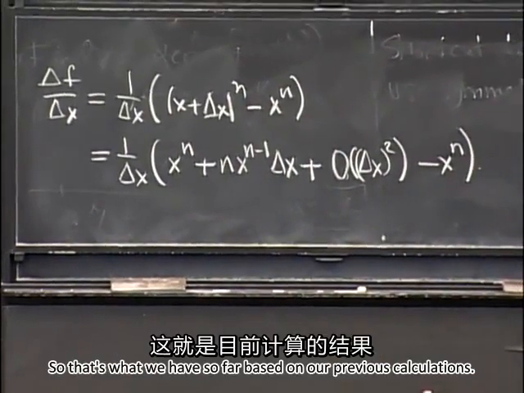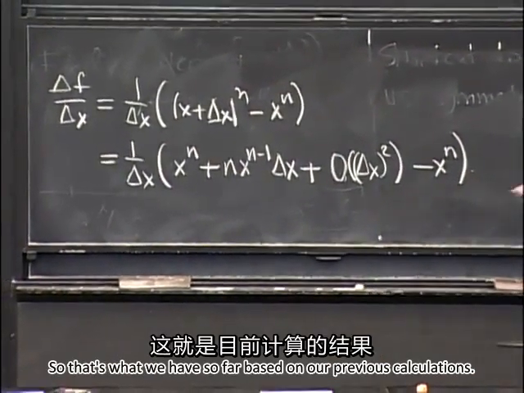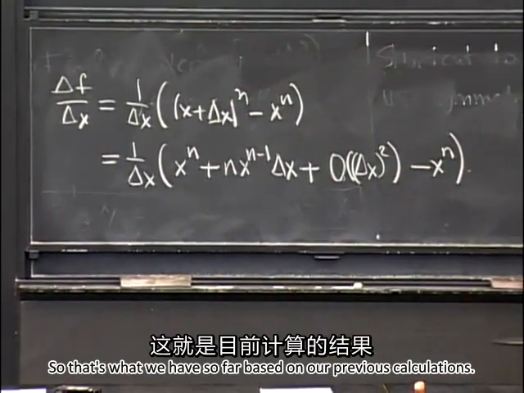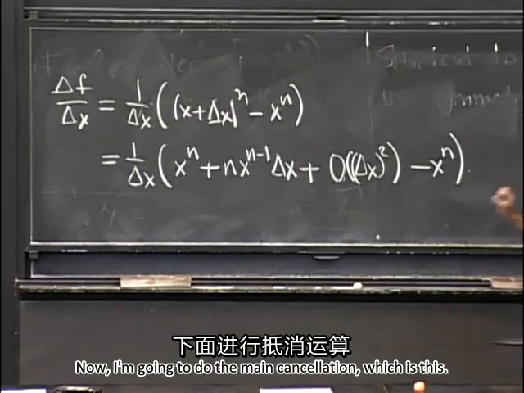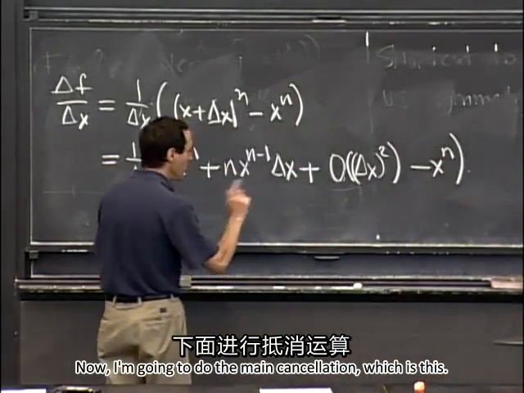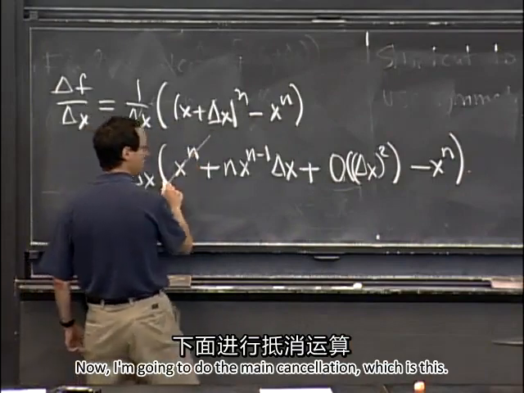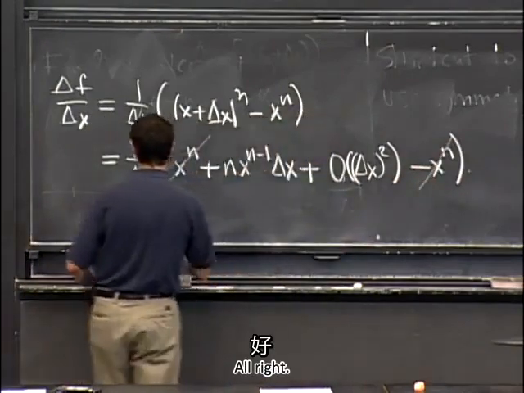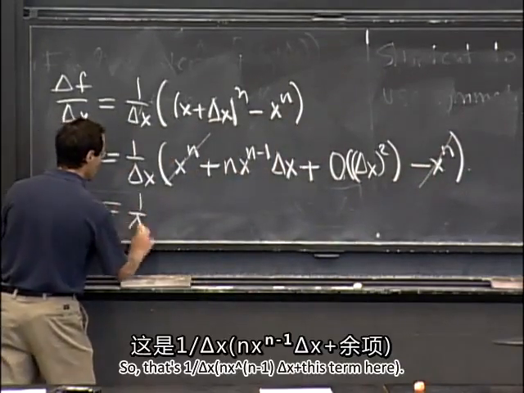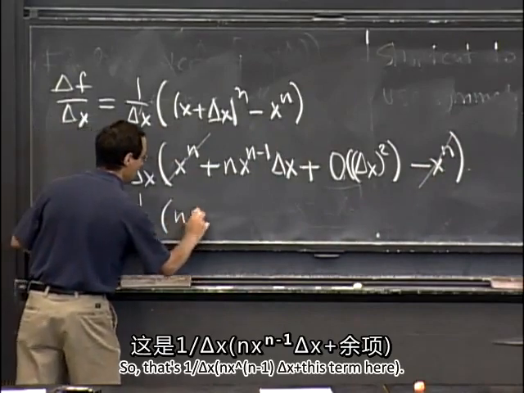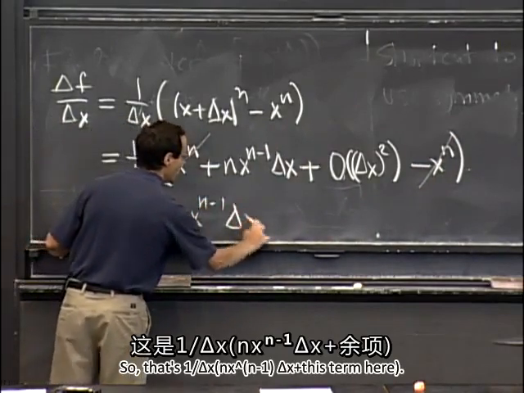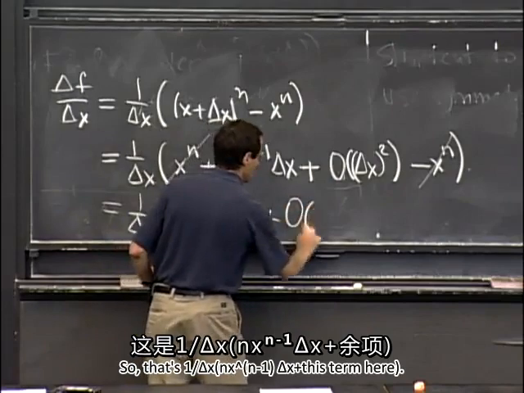All right, so that's what we have so far, based on our previous calculations. Now, I'm going to do the main cancellation, which is this. So that's 1 over delta x times n x to the n minus 1 delta x plus this term here.